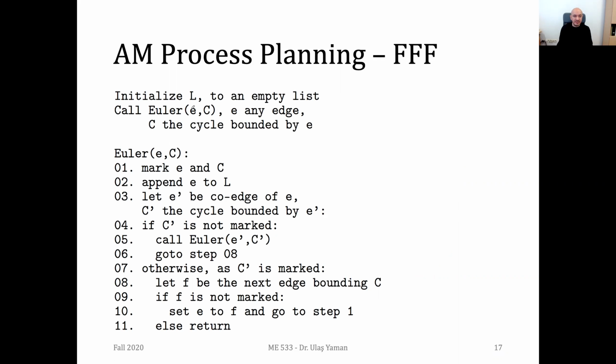So how do we start? We have an empty list as output, and that list will give us the printing path. Our algorithm accepts an edge of a Voronoi diagram. You may have many cycles.